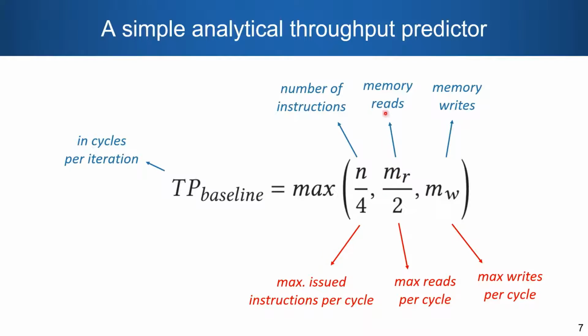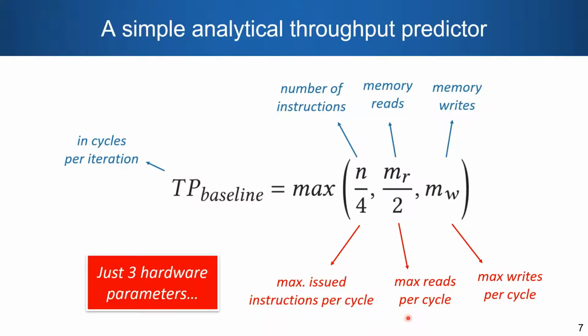Then it takes the number of memory reads that the benchmark performs and divides it by 2, where 2 is the maximum number of memory reads that Skylake supports per cycle. And then finally we take the number of memory writes that the benchmark performs.